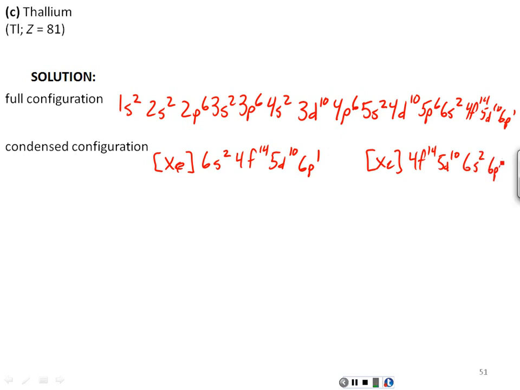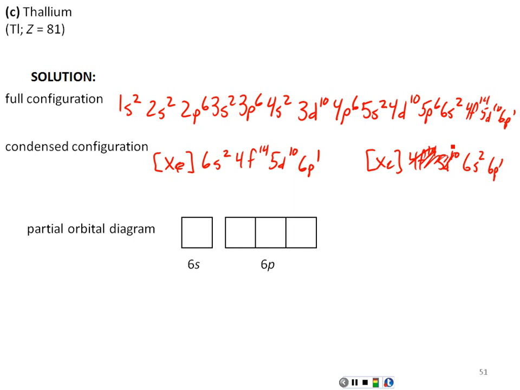I would consider either of those correct. I think sometimes you can even consider that without the f or the d orbitals entirely. You can consider them core, but I would prefer having those listed as valence electrons in our class.